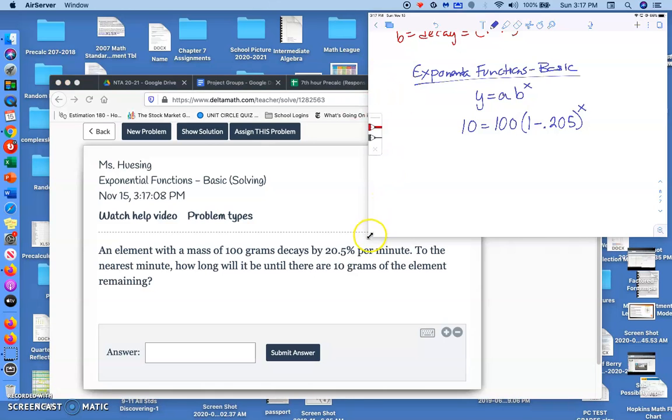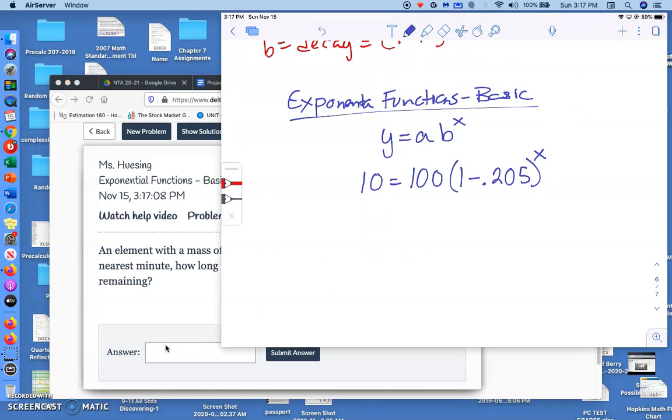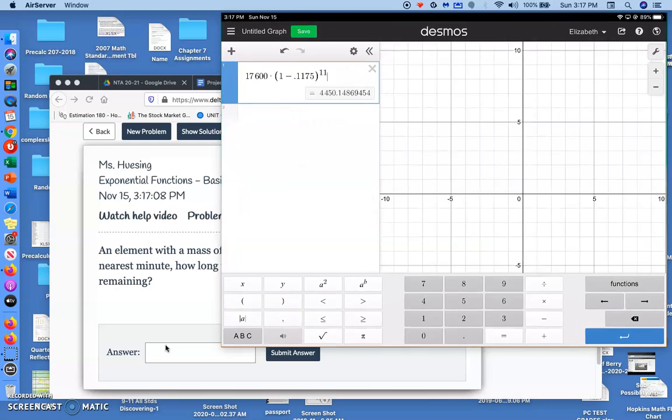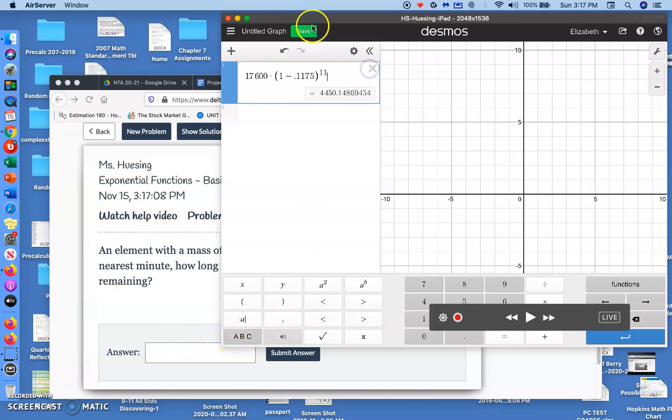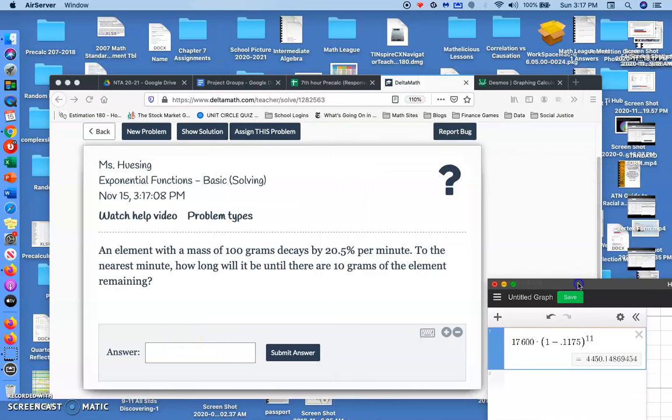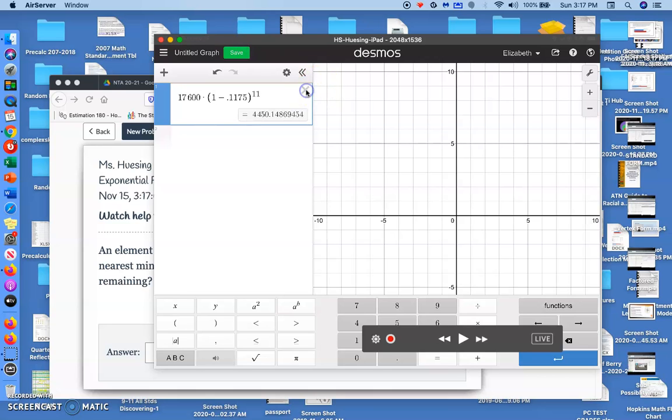When you're solving this one, I'm going to show you how you can use Desmos, because we haven't talked yet about how to solve an exponential equation, which we will be looking at this chapter, how to find the exact answer. We knew we started with 100 grams.